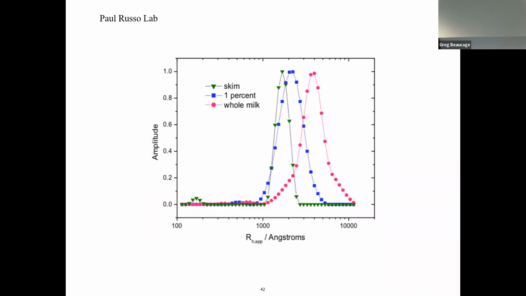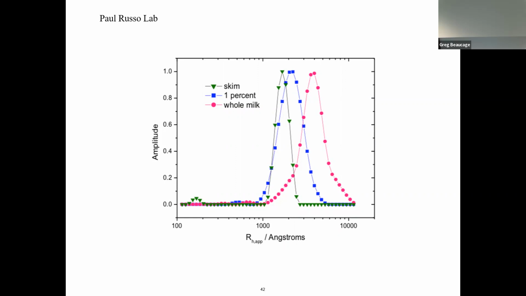So the nice thing about this machine is you can stick anything in it. So this is just sticking milk in it, right? And do backscattering, usually if you're doing something that's turbid. And it'll give you the size. Milk is basically colloidal spheres floating around in water, right? And you know the viscosity of water, so you can get the hydrodynamic radius for the things. And it turns out there are different sizes for the colloids in milk, and that's easy to measure in this machine.